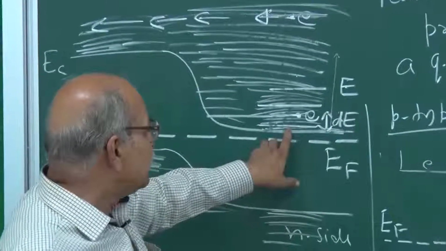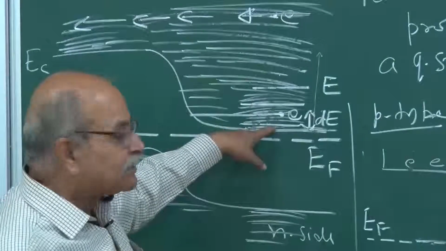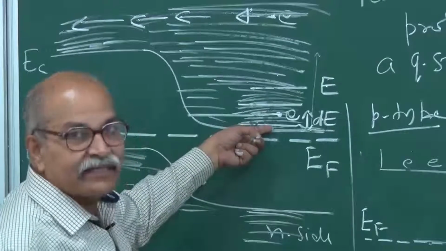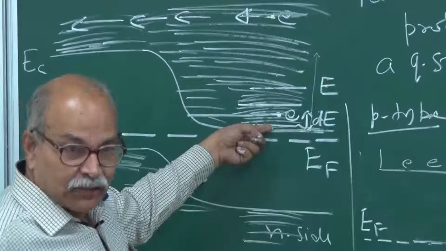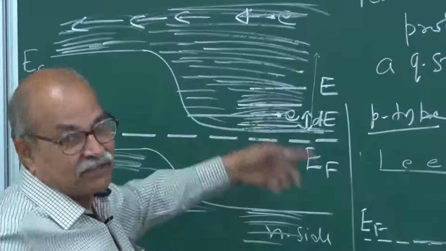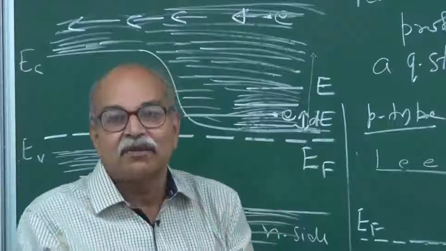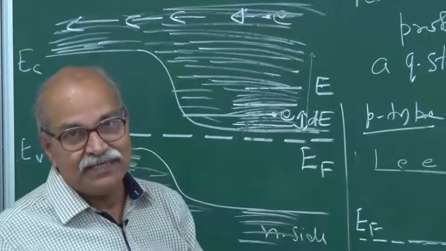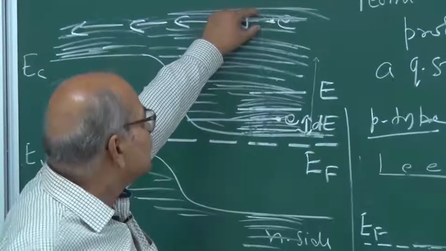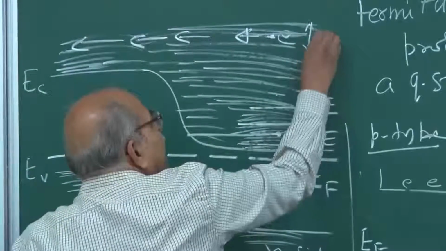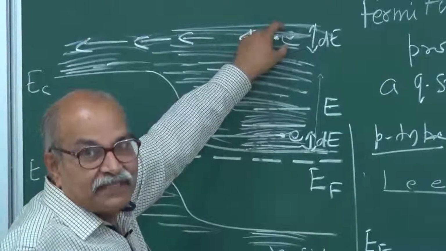The probability at the bottom of the conduction band is largest, but the number of quantum states there is smallest. You have very few quantum states available. So although the probability is very high, the number of electrons in this dE will be very small. Whereas if you go up here, the number of quantum states in this dE is very large compared to this, but the probability is very small.